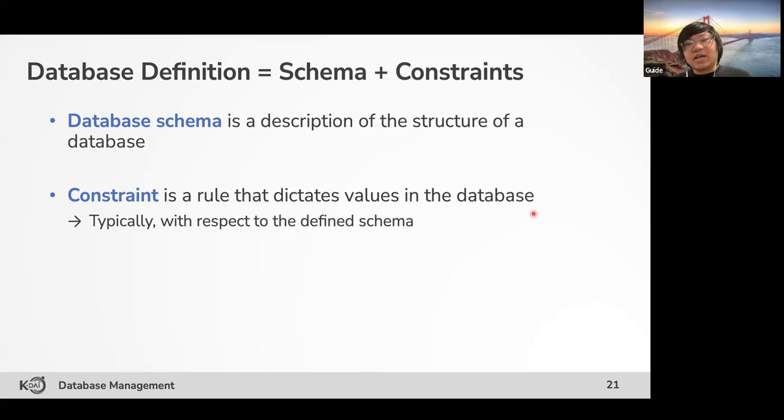A structure of a database basically means, if you're working with data in tables, what the columns are, how many columns there are, and what the types of the columns are. So if you want to say that my database is a table, you need to describe how many tables there are, what the columns of each table are, and what the type of each column is.